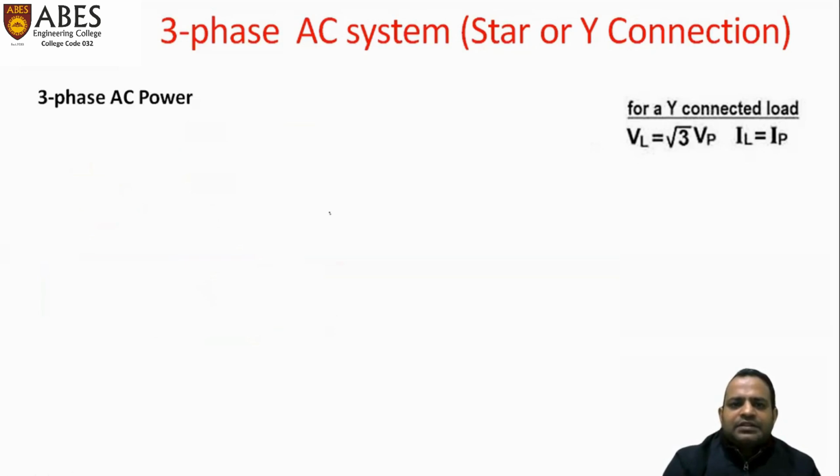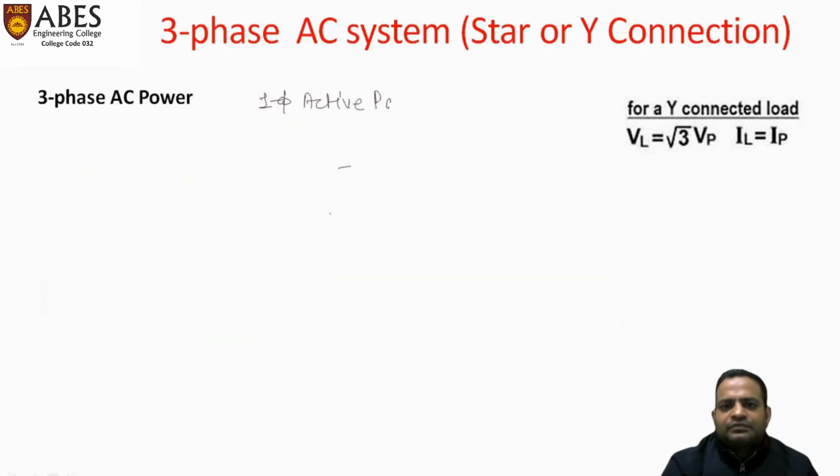Now we are talking about the power of star connection. In single phase, what is the power? For single-phase active power, it is VI cos phi.